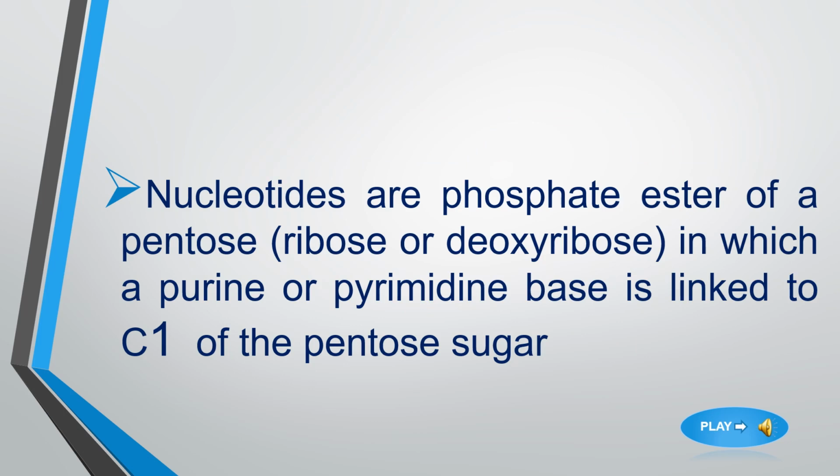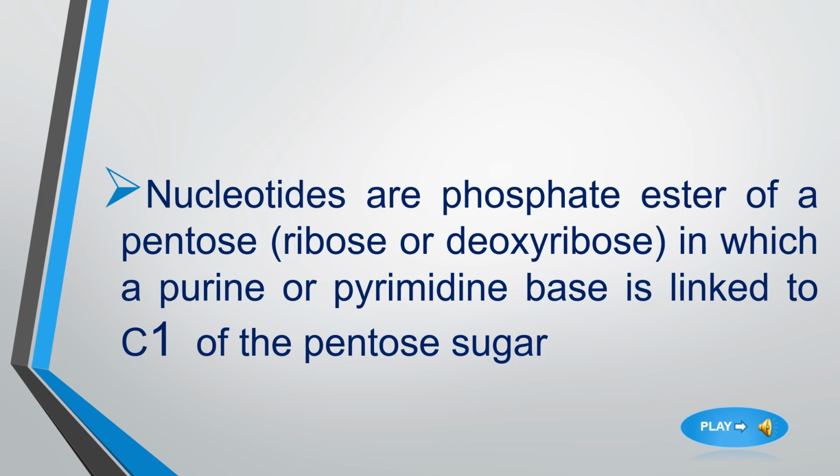Nucleotides are phosphate esters of a pentose. The pentose means ribose or deoxyribose. Ribose is present in RNA and deoxyribose is present in DNA.